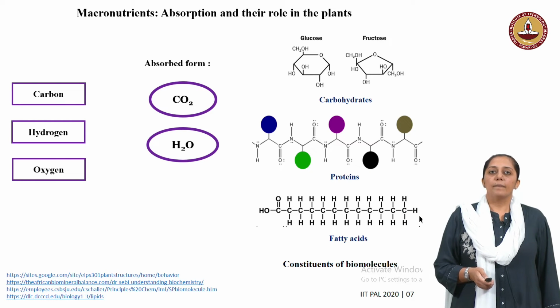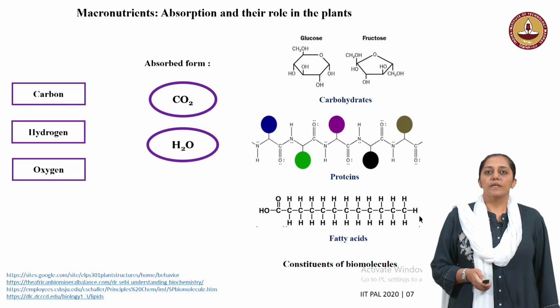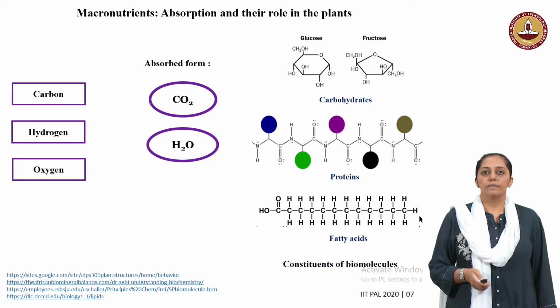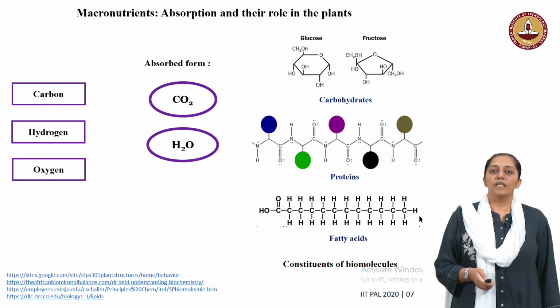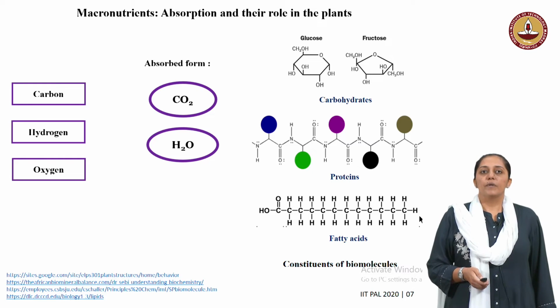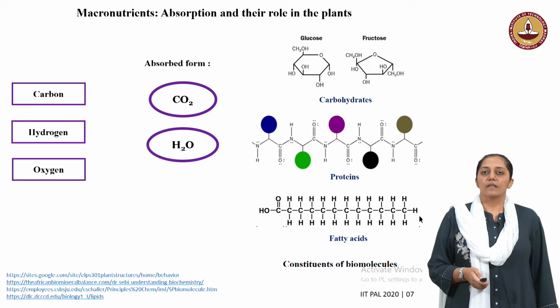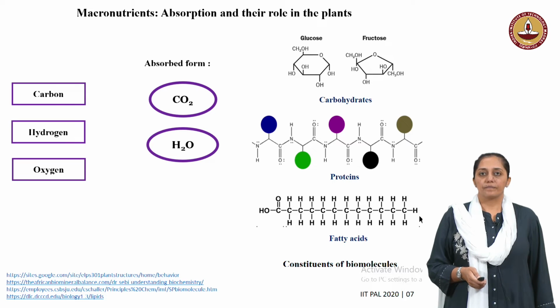You can see all three elements as a part of various biomolecules in the plant, including carbohydrates, shown here with some examples like glucose, fructose, then proteins, where you can see carbon, hydrogen and oxygen as their structural components, and in fatty acids.